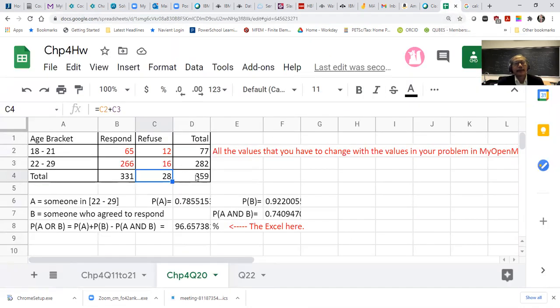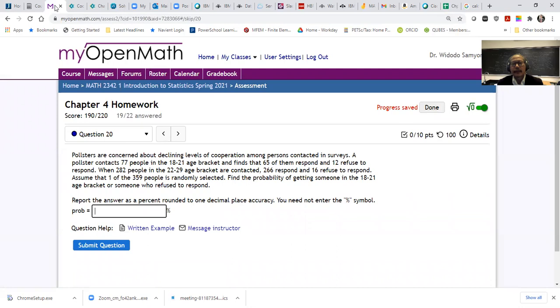So that means you need to add this one, right? So you need to add D2 with, in this case, the refused, right? Someone who refused is column C, okay?